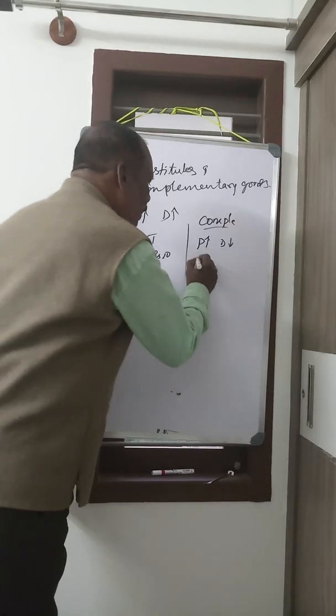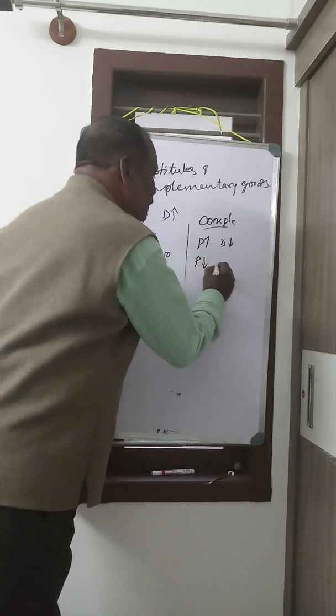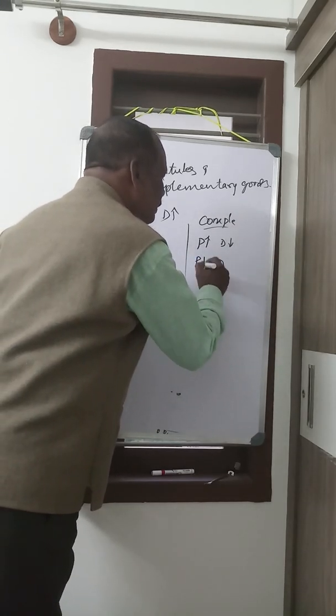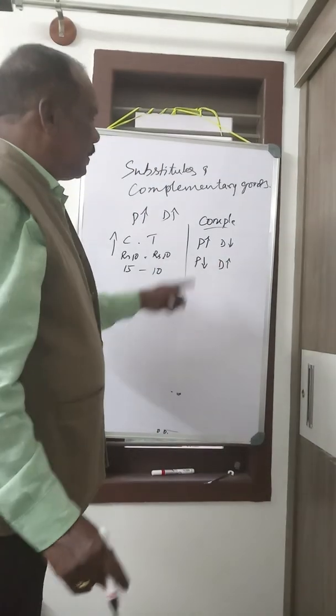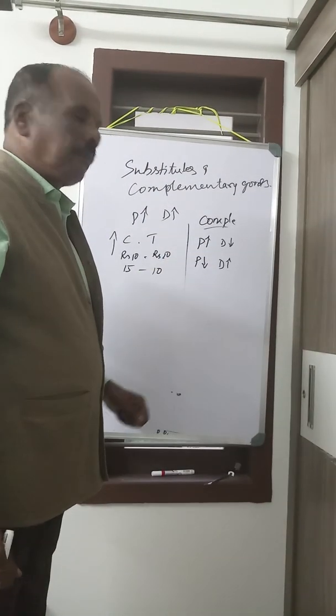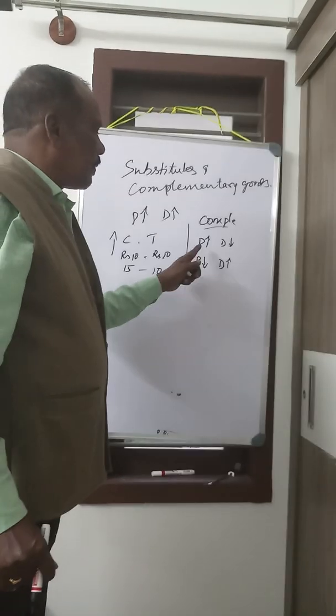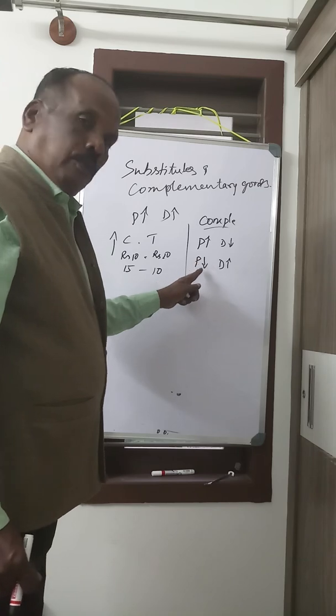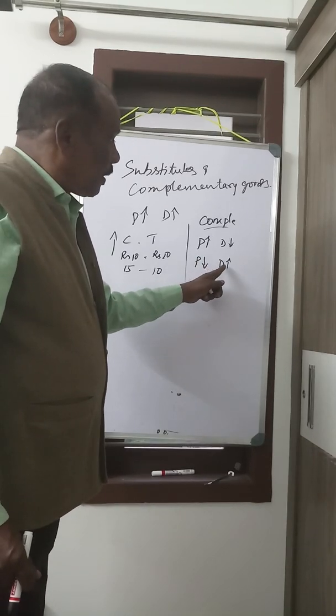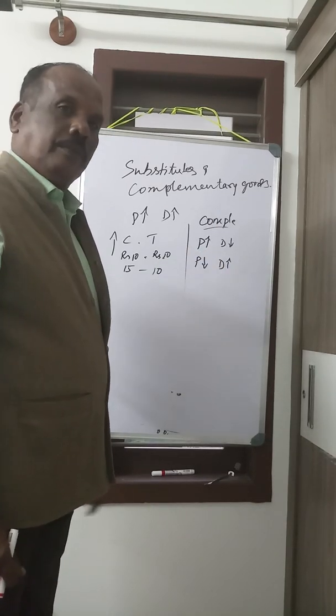When the price falls, the demand for complementary goods rises. So I will give an example. Suppose the price of petrol falls, the demand for car rises.